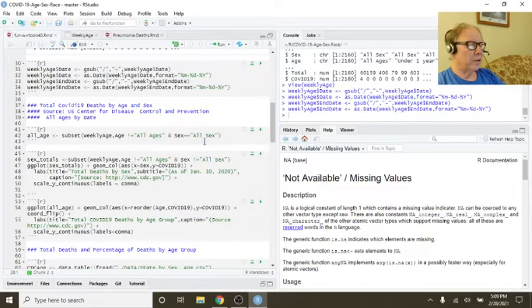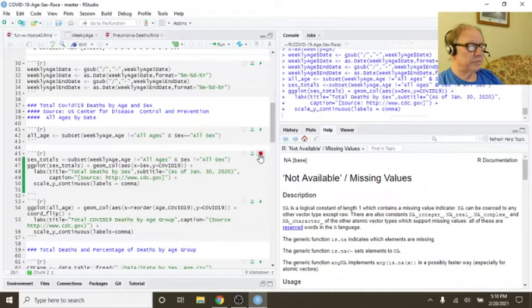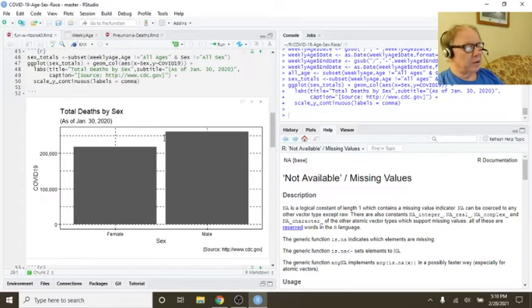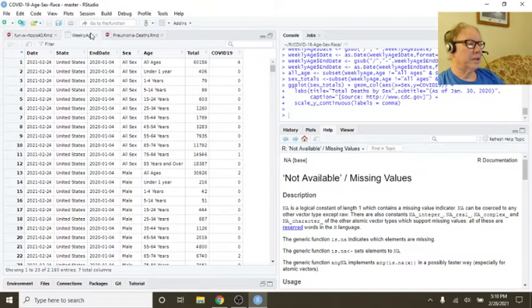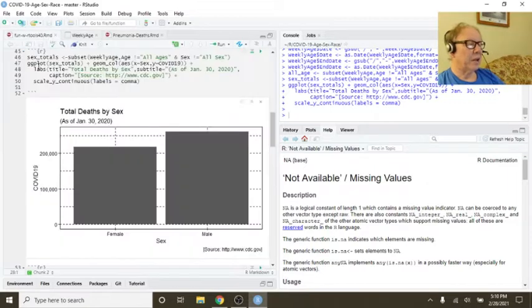All ages by date, so we're going to pull out all sexes. Now you can see that the males do have a few more deaths. It's hard to say how much, roughly 100, 150, 250, maybe 260, 275. So it appears that roughly 50 to 75 more males have died as of January 1st. I just don't understand how it can be that far behind.